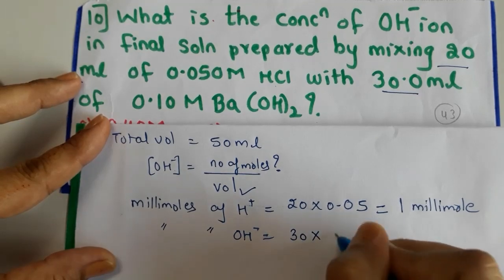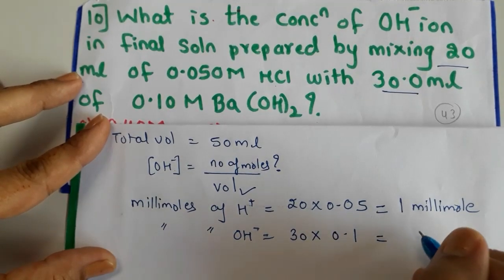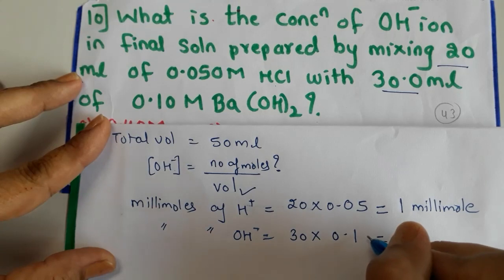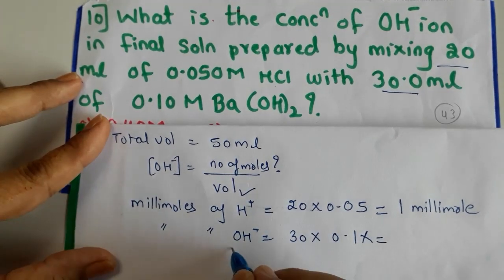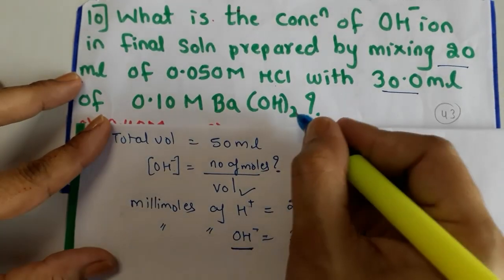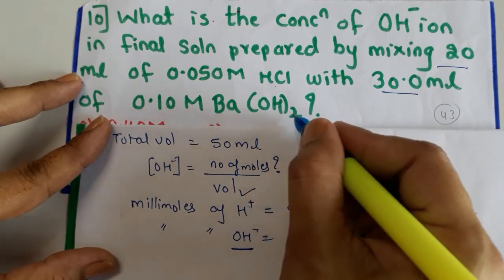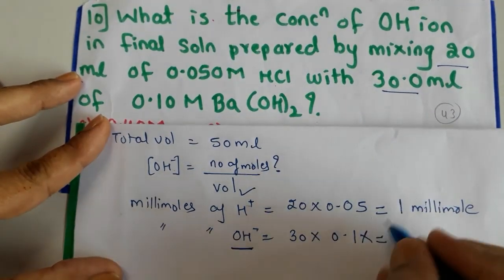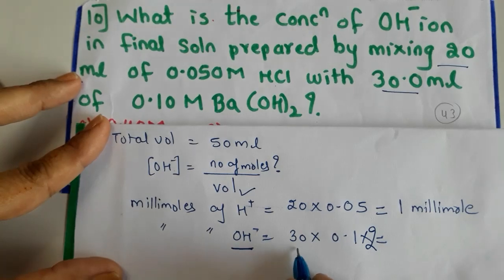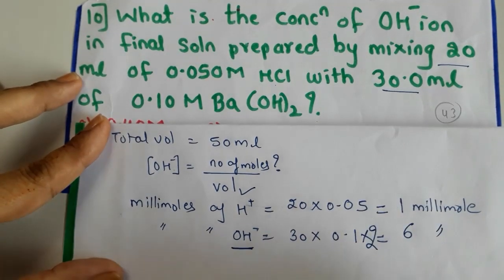So 30 into 0.1, and remember, in Ba(OH)2 there are 2 OH minus, so I write 2 also. 30 into 0.1 into 2, I get 6 millimole.